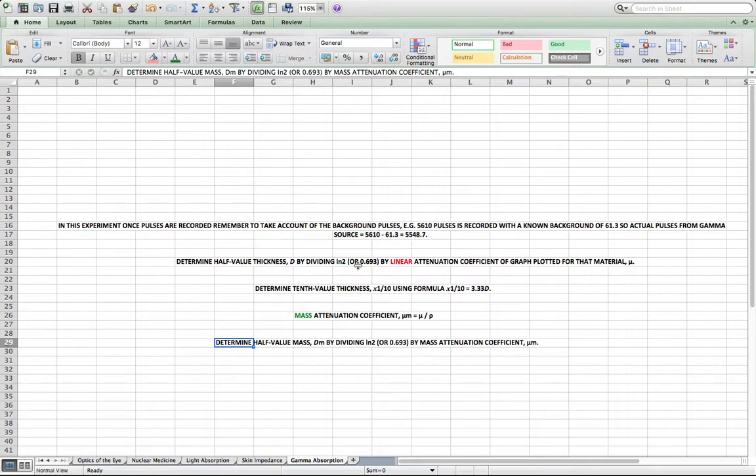And the linear attenuation coefficient is known as mu on the graph, and so all the graphs will be in the form of y equals a certain value multiplied by e to the power of another value, which would be mu, multiplied by x, which is the distance.